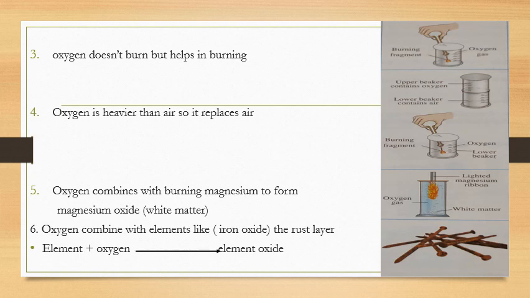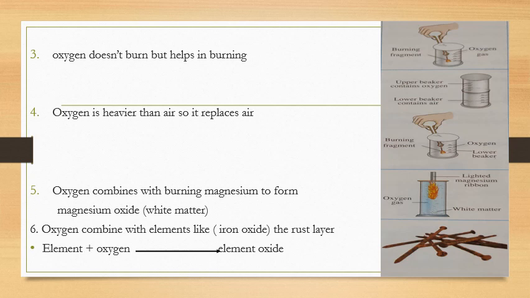So the layer of rust is the product of the reaction between oxygen gas and iron. We can conclude from this experiment that any element that reacts with oxygen forms an element oxide. And this is the last property that we concluded from these experiments.